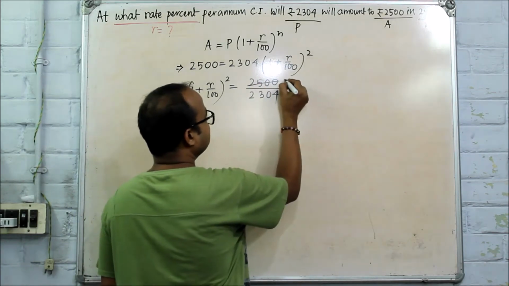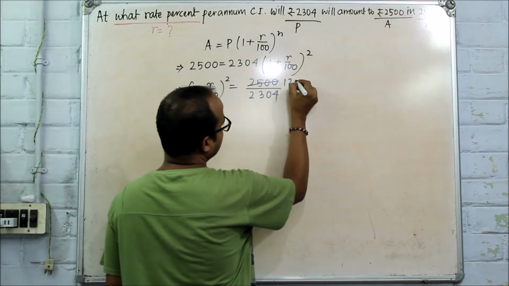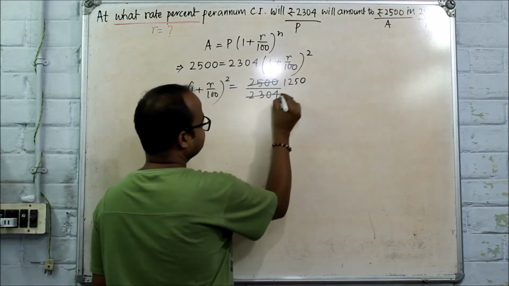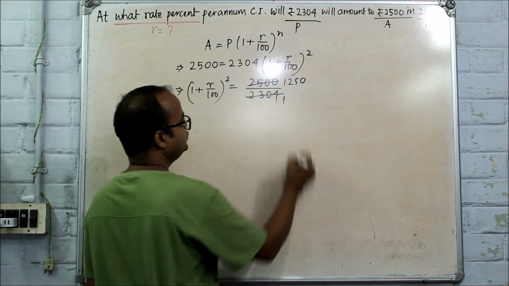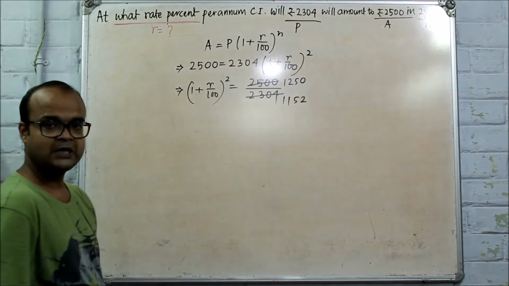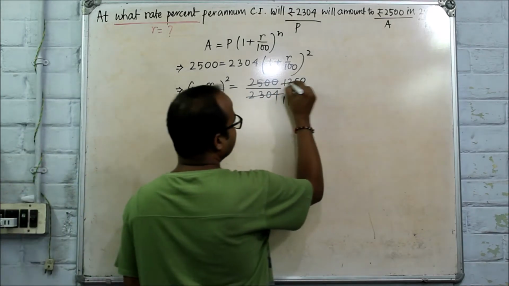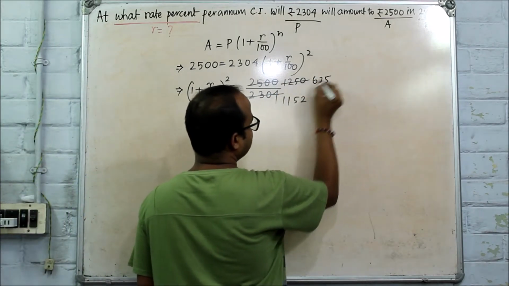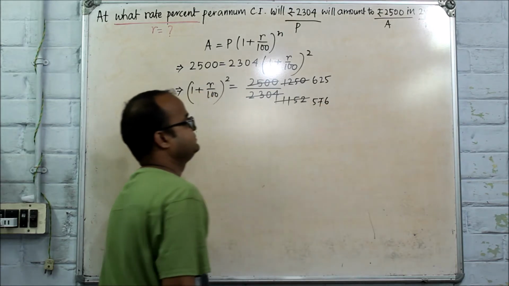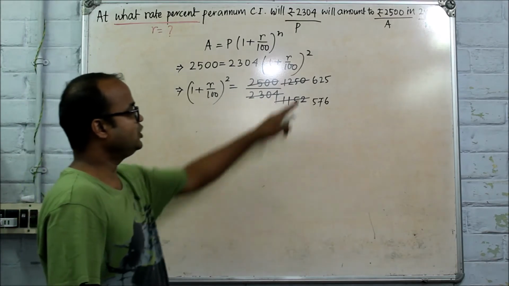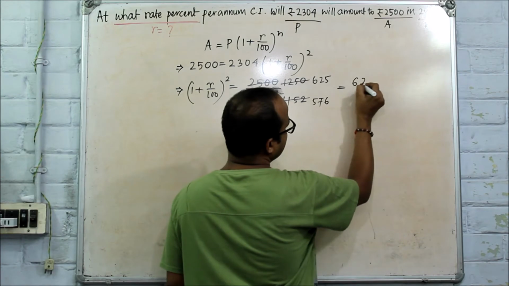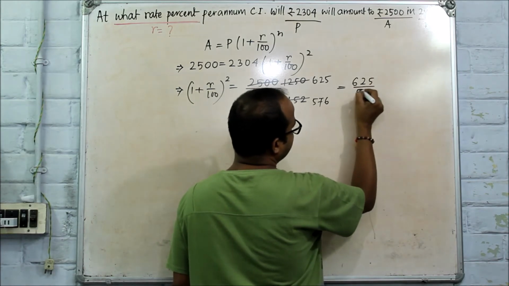If I cancel with 2, it will be 1250 by 1152. Again if I cancel with 2, you will get 625 by 576. Now it will not simplify further. So we are getting 625 by 576.